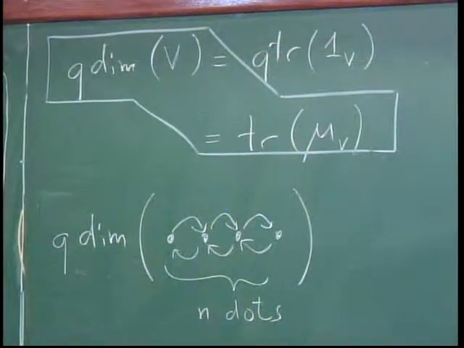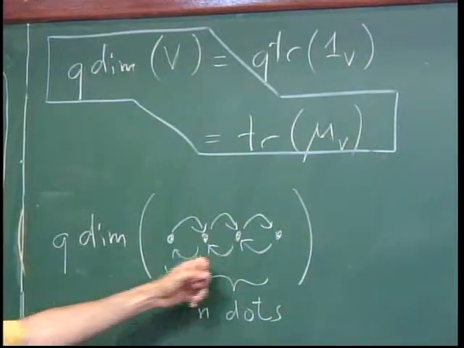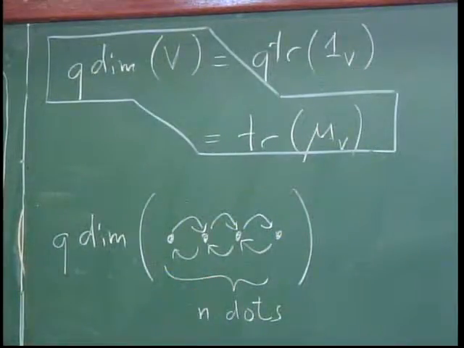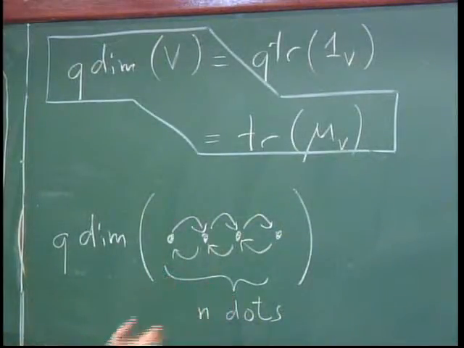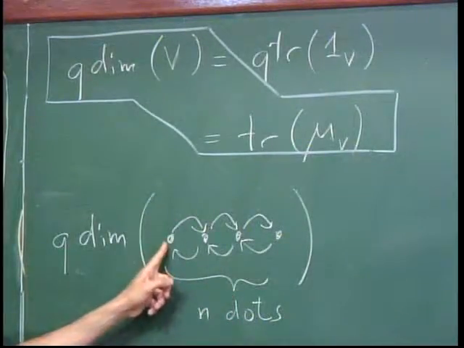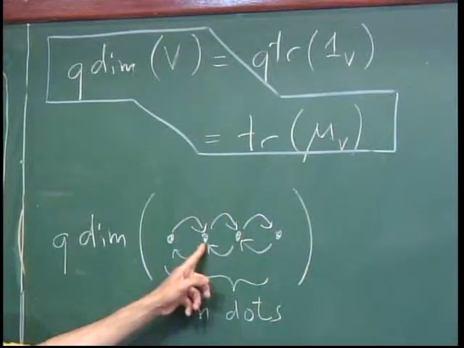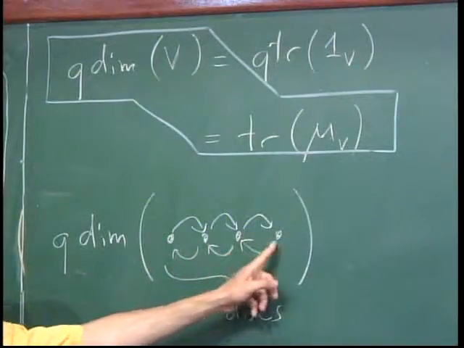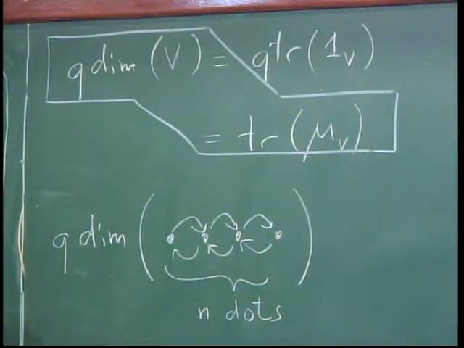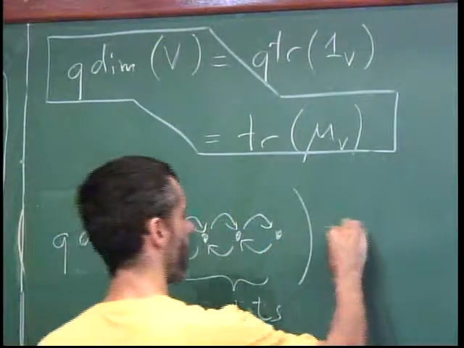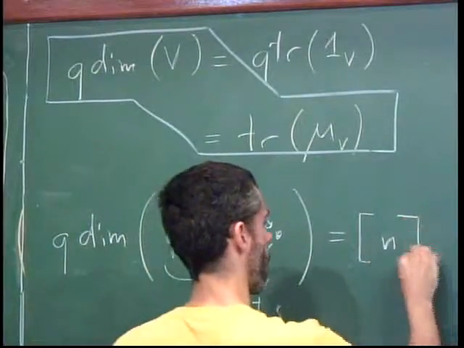In SL2, mu equals k. So I'm looking at the trace of k acting on this module. K acts by q to the minus 3 here, q to the minus 1 here, q to the 1 here, q to the 3 here. Add those numbers, that's a trace. And that's exactly the definition of the quantum number n.